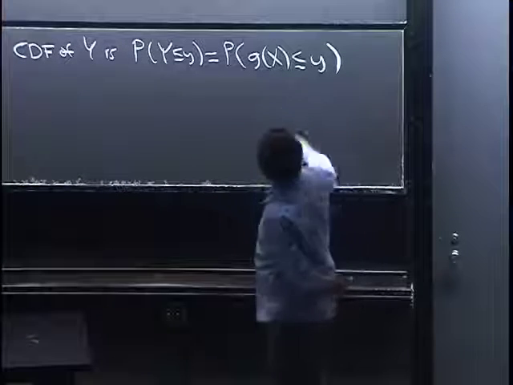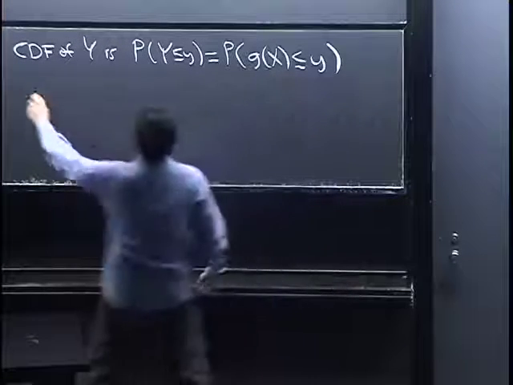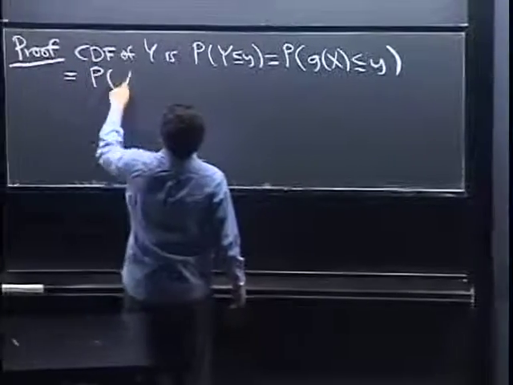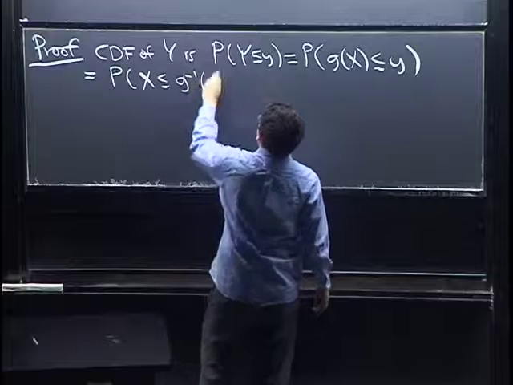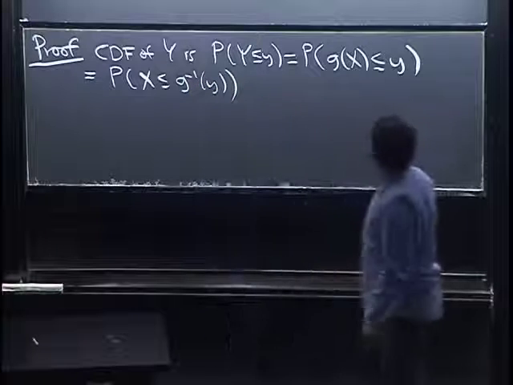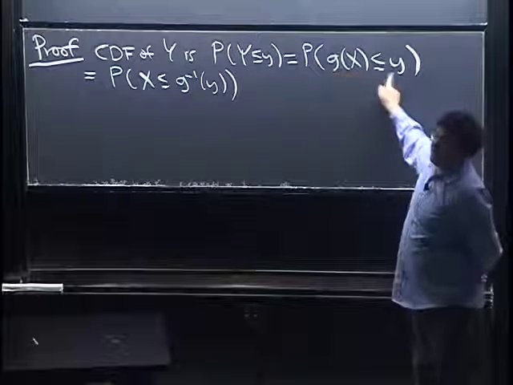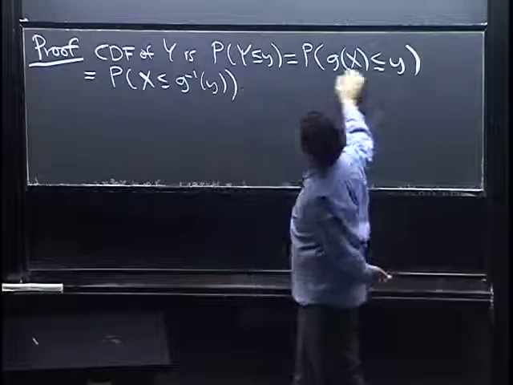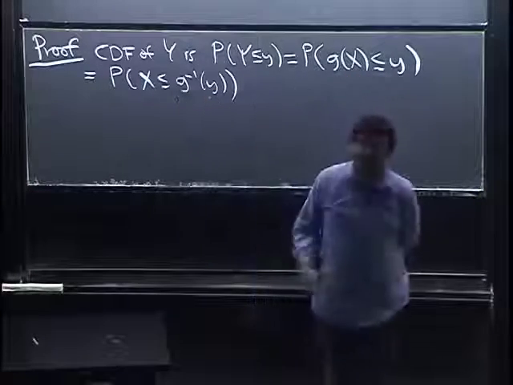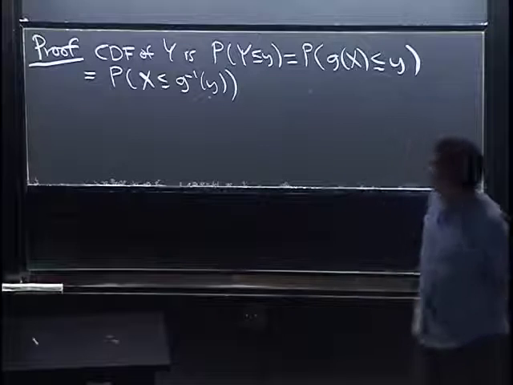So if we want, we can write this as P of X less than or equal to g inverse of y. Because I'm assuming this function has an inverse, this event is equivalent to this event. That is, you can get from here to here and from here back to here. It's just the same event written in a different way.